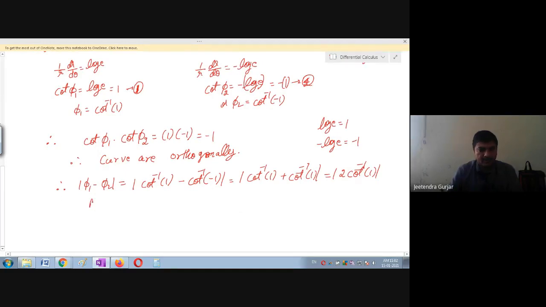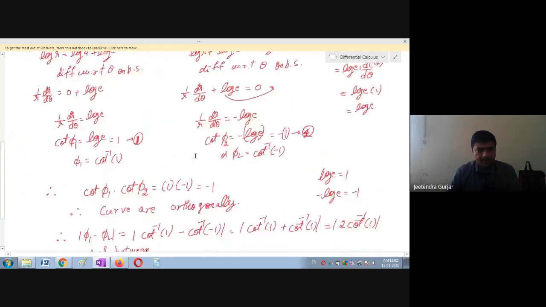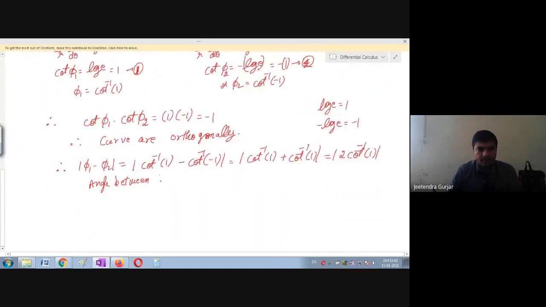So this is the angle between polar curves. So please remember these two important formulas.